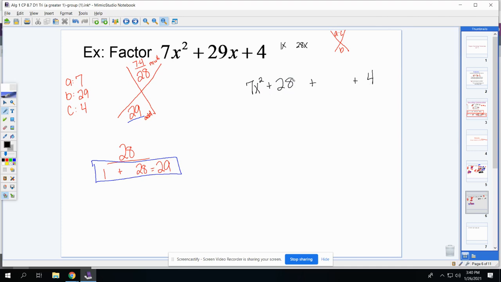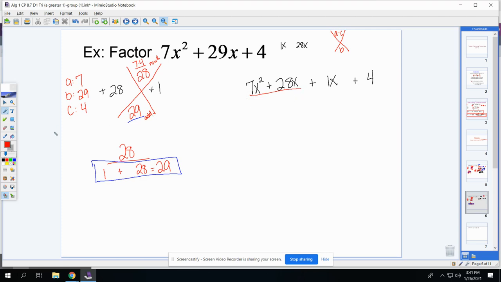So I'll put 28x on the left, and I will put plus 1x on the right. All right, so we should have something like this: 7x squared plus 28x plus x plus 4. Now you may be able to do it the other way. This is just the way that I prefer to set it up. So if you do it another way and it works out, that is great.